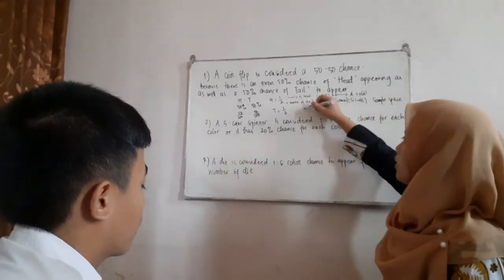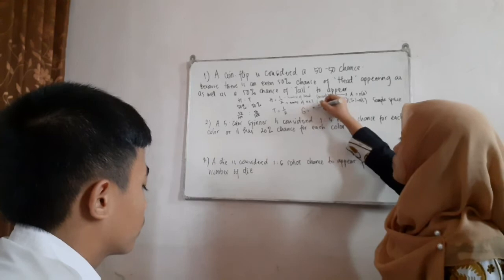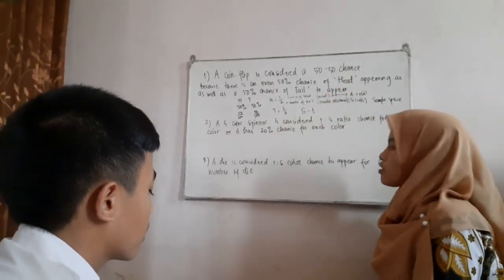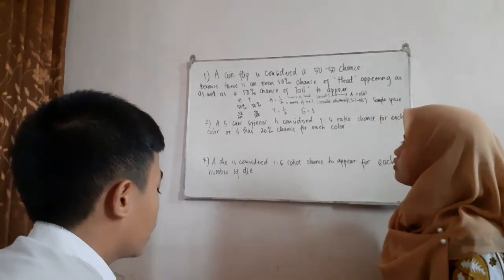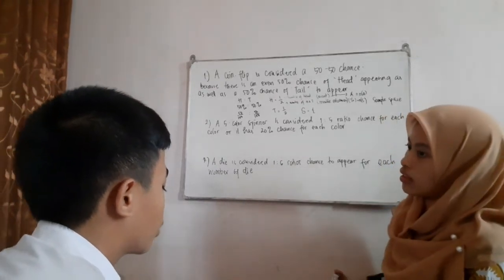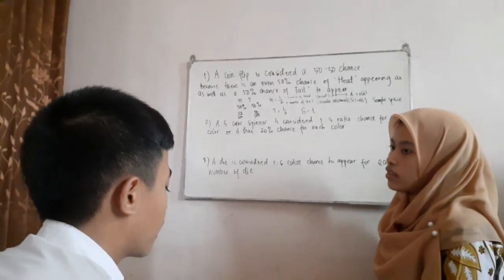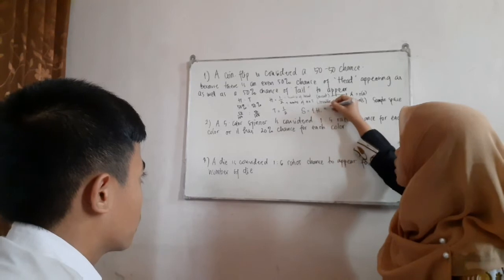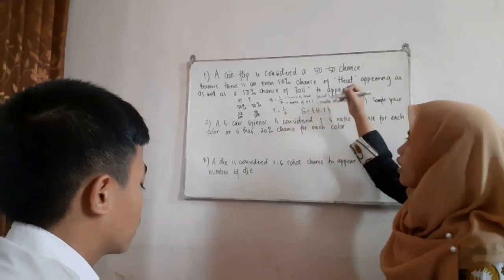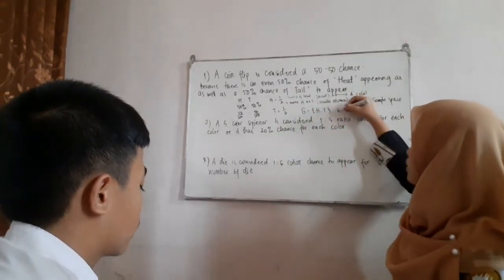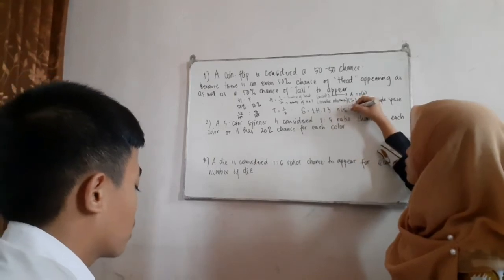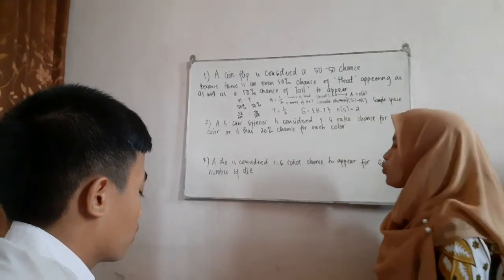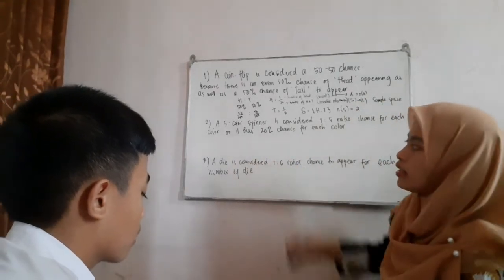Okay, can you tell me what is the sample space of this case and how many possible outcomes there are? Actually, there are two possible outcomes, Miss, which are head or tail. Oh yes, I can write H and T, H for head and T for tail, and the number of possible outcomes is equal to 2. And how about the second one, Sandy?